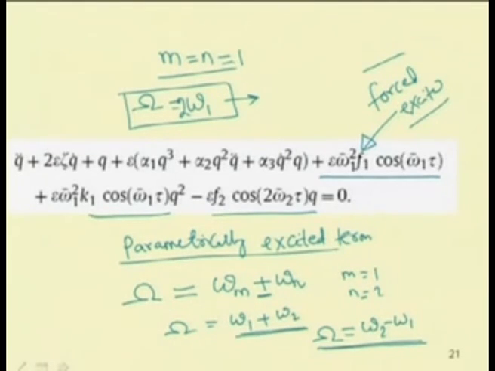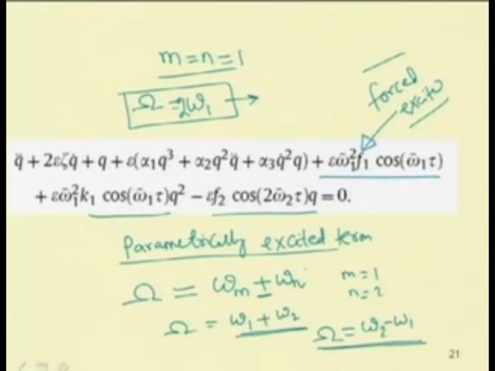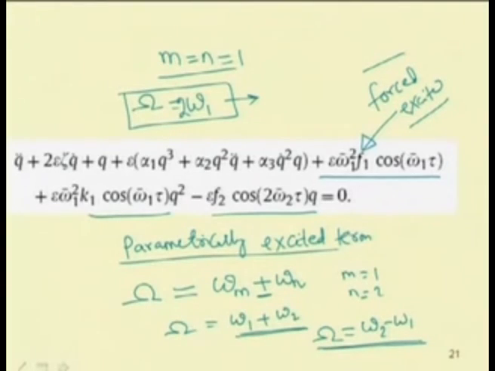In case of combination type, we may have combination resonance of some type or of a different type, depending on whether you are adding or subtracting different frequencies. So, in case of this parametrically excited system, you know that resonance may occur when the excitation frequency may or may not be equal to that of the natural frequency.